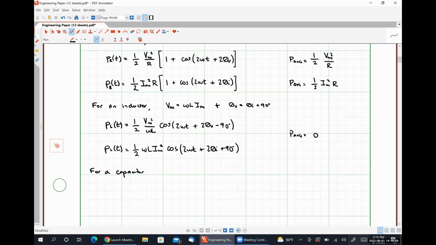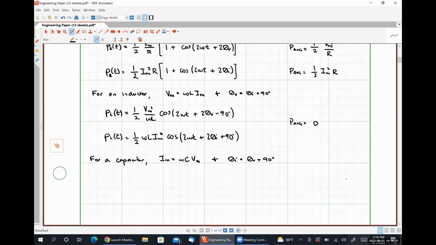Lastly, for a capacitor, we know that the magnitude of our current, Im, is equal to omega C times Vm. And we know that the phase angle of our current, theta I, is equal to theta V plus 90 degrees.